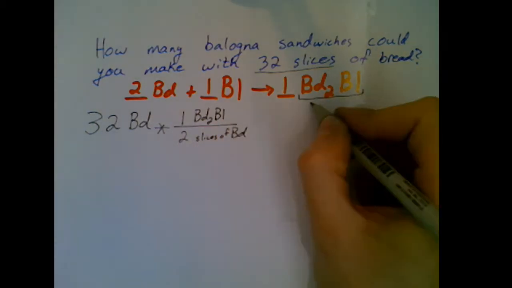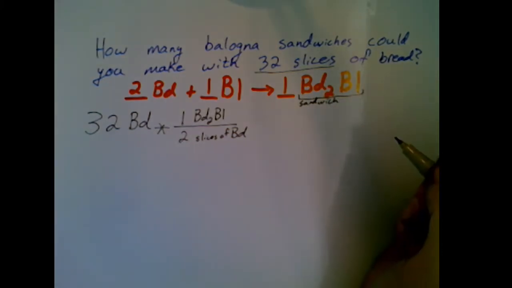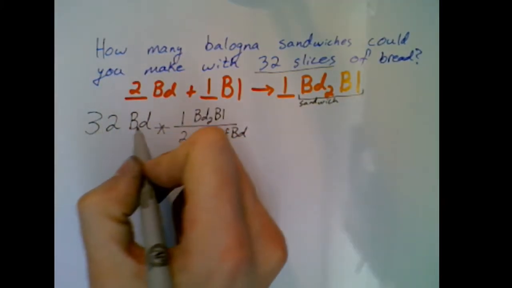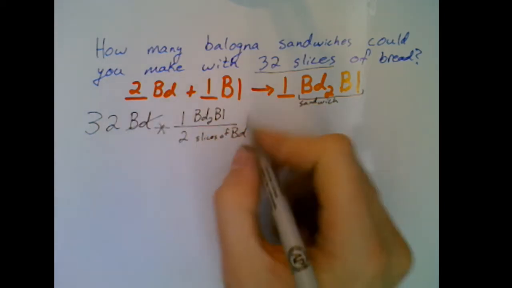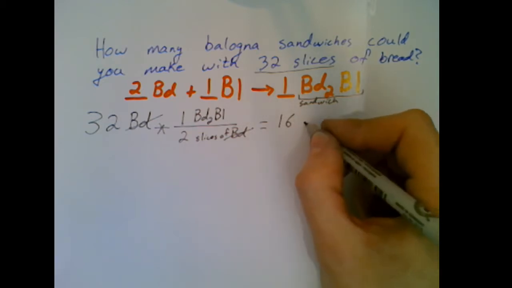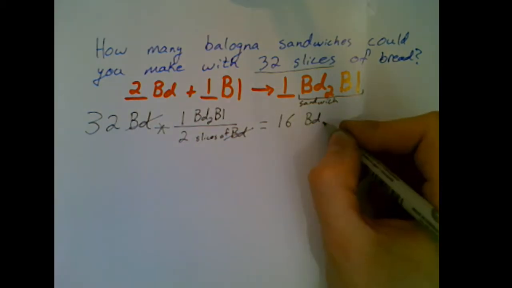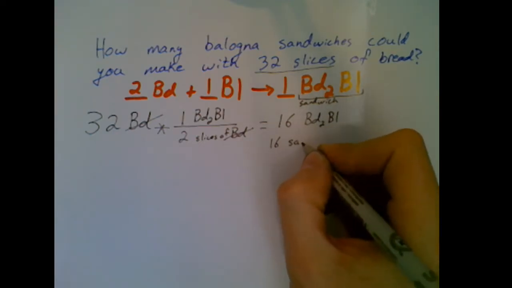Maybe we should label this. Now, 32 divided by 2, breads cancel, and I get 16 sandwiches.